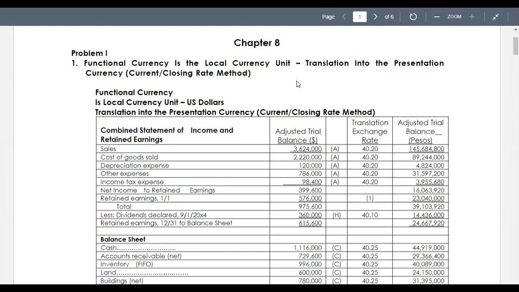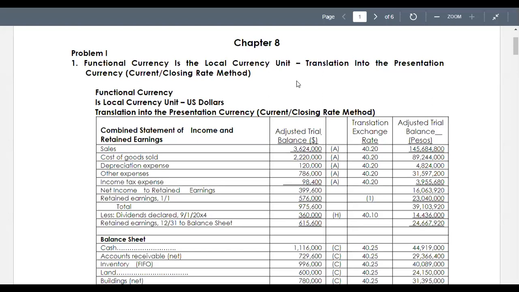The objective of the remeasurement process is to produce the same results as if the transactions of the foreign entity had been recorded initially in its functional currency. So I'll repeat, the objective of the remeasurement process is to produce the same results as if the transactions of the foreign entity had been recorded initially in its functional currency.